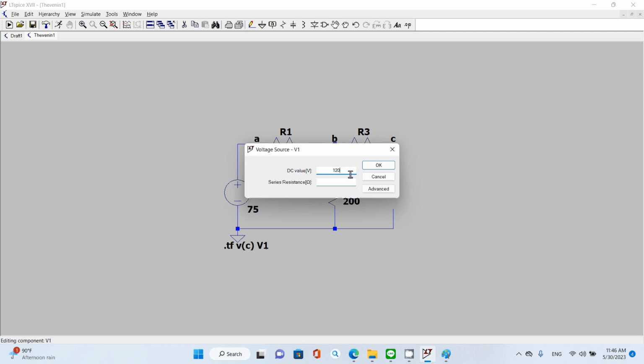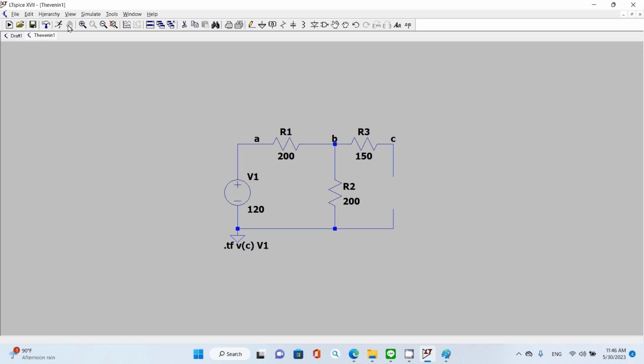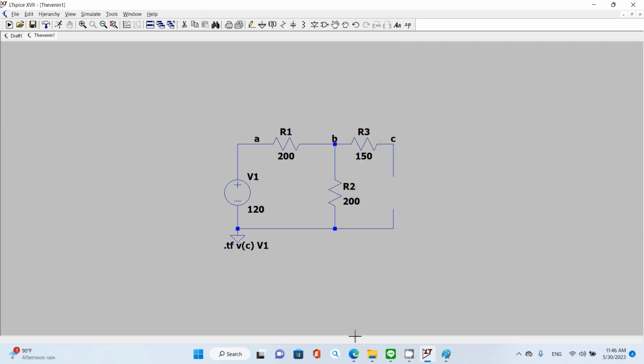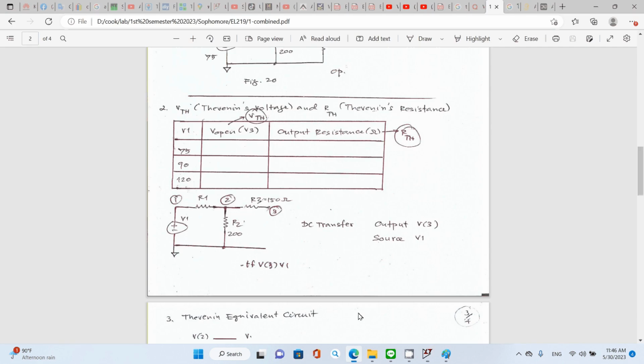Okay, and then you do the simulation again. This will give you your output impedance of 250 ohms. All right, so that is step number 2 of your lab.